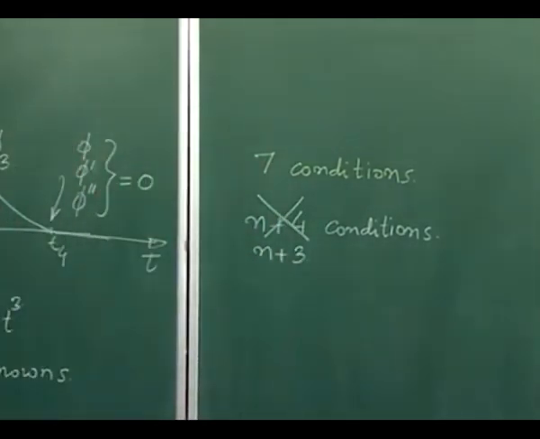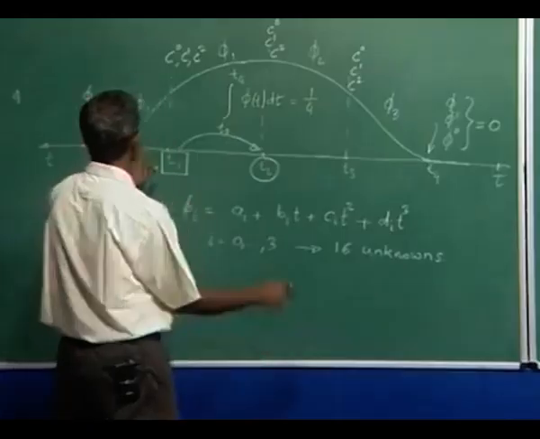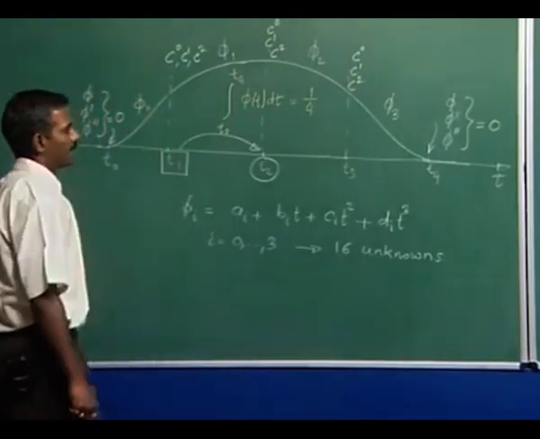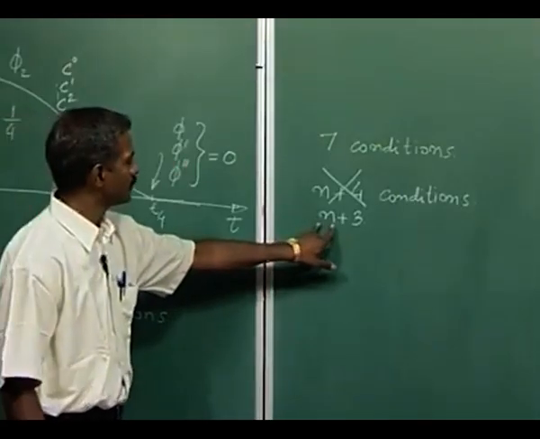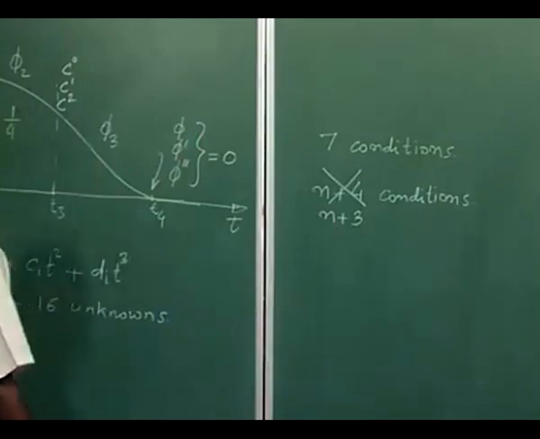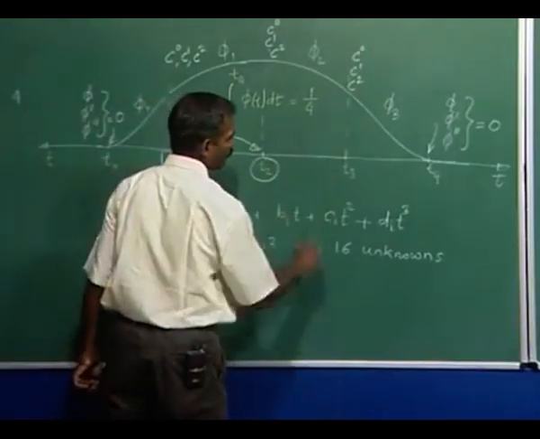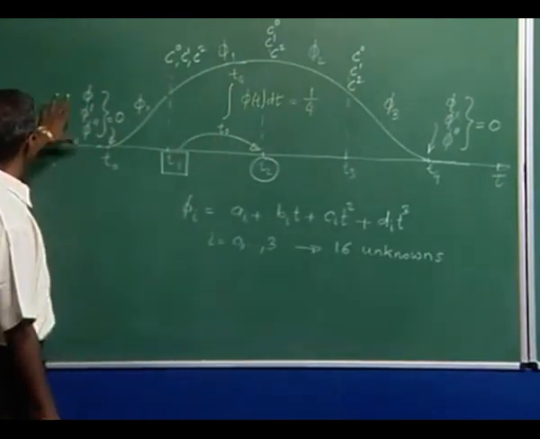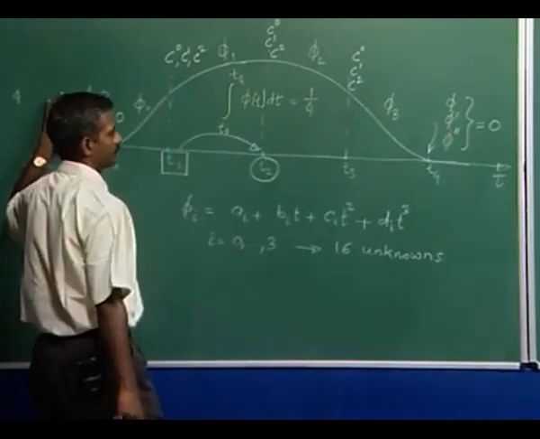You might want to check it out. n plus 3 conditions to completely and uniquely determine a spline function. Here n would be the number of knot spans. In this case, it is 1, 2, 3, 4. And we have 7 conditions: 3 plus 3 plus 1.